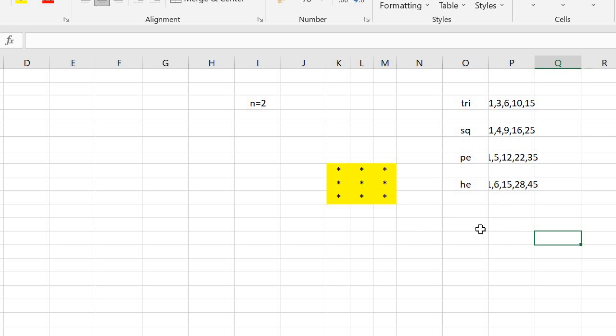In general, a polygonal number is a number represented as dots arranged in a particular shape, as I told you.